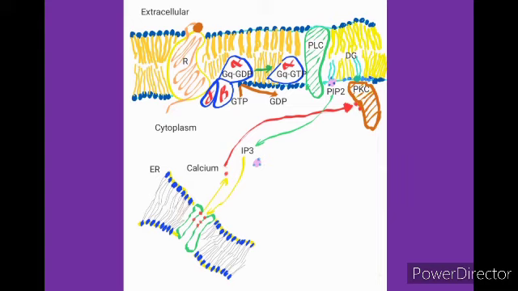So that means calcium in the cytoplasm goes up. So now, not only do we have two second messengers, DAG and IP3, we now have three second messengers, because calcium also rises as a result of IP3 binding to the ER.